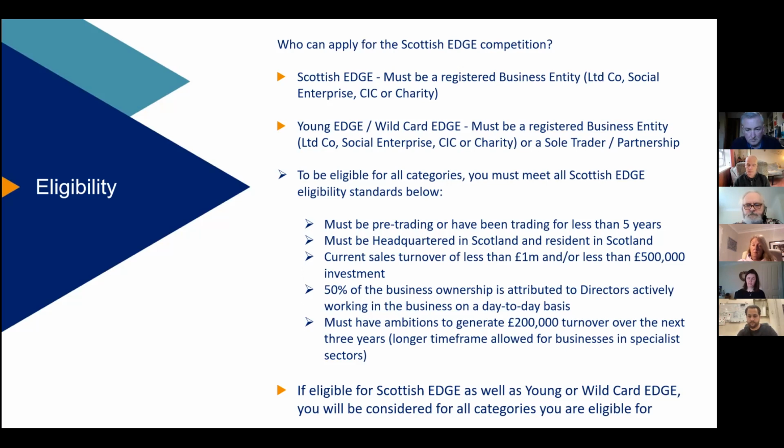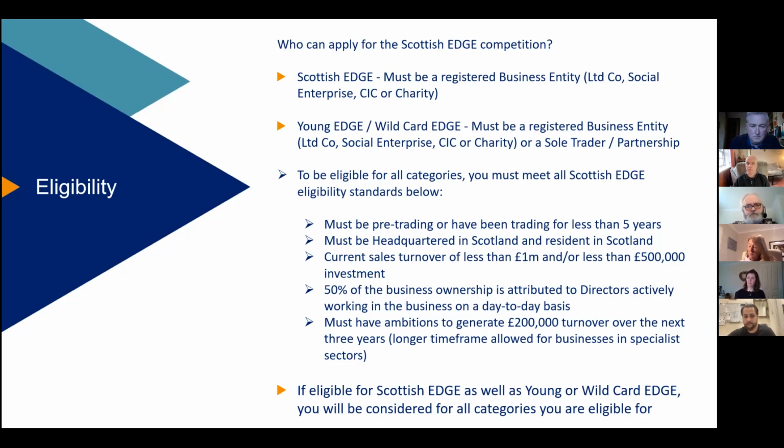It means over years 1, 2 and 3, which we ask for projections on, as long as that equates to more than £200,000 combined. There is a caveat to that for some of our maybe science-based or technology businesses where the time frame to market can be longer. So as long as you can outline the journey to show how that growth is going to sort of take off, then that's okay.